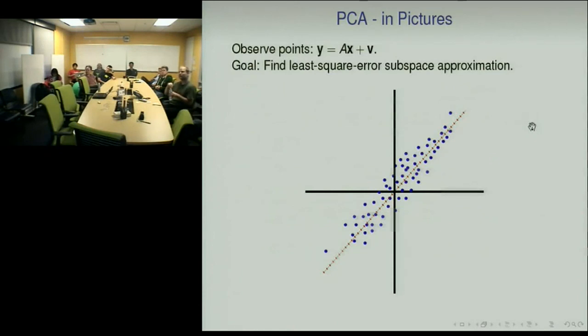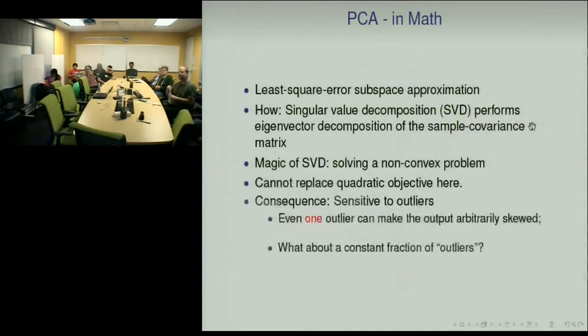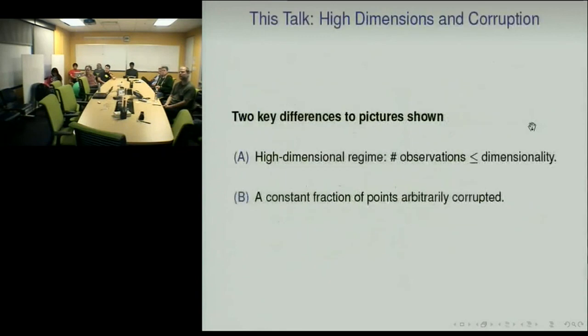If you had it somewhere over the moon, then your least squares subspace approximation is going to be destroyed completely. So that's one consequence. And the question you can ask yourself is, what can you do when you have a constant fraction of outliers? That's one of the topics of this talk.